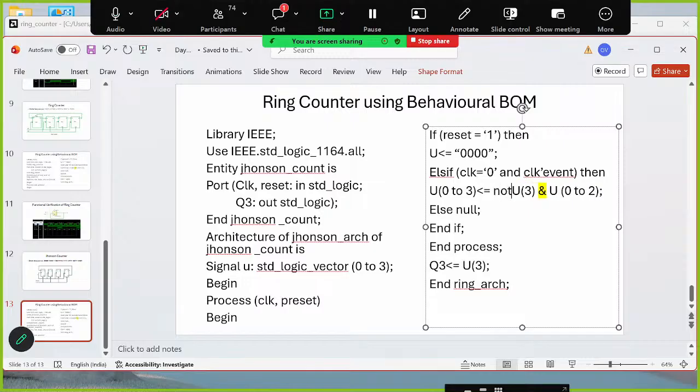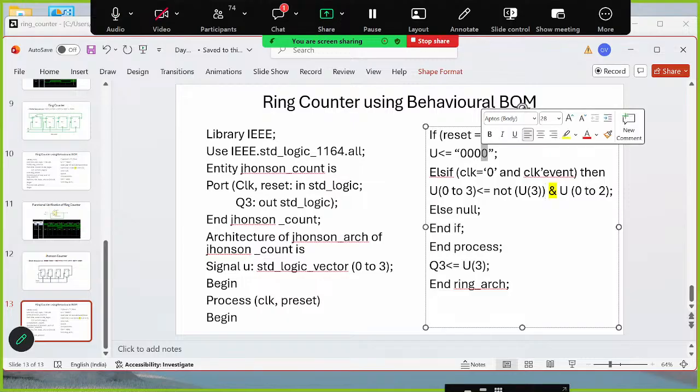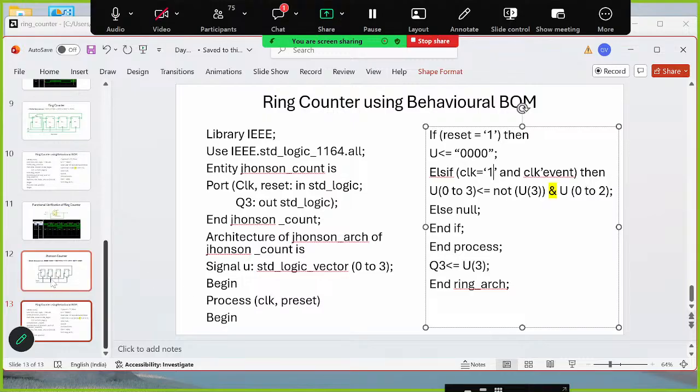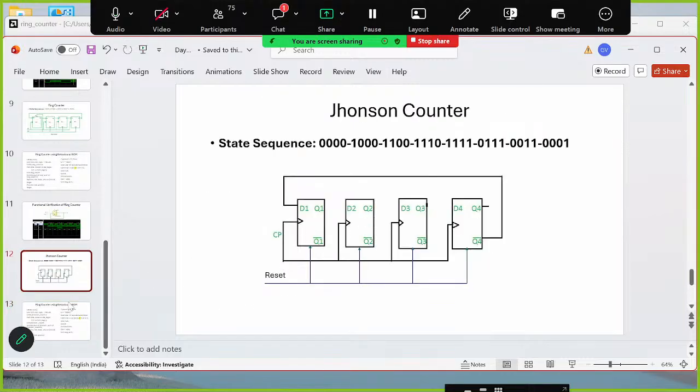I want NOT of U3 every time. NOT is a keyword, a NOT gate. The complement of this should come at this position, that is U0, and the rest of the bits are similar. And till this clock is applied, let's make it positive edge triggered, because in the diagram it is a positive edge triggered clock.